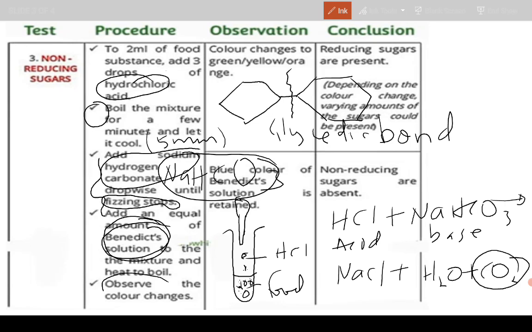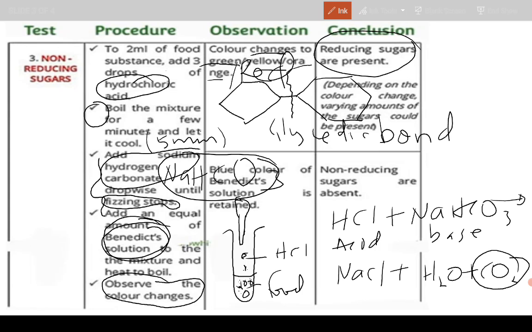So once again, you also observe the color change. So there are two possibilities, or three, but for now we are going to limit ourselves to two possible observations. If the color changes to green, yellow, orange, or brick red color, it indicates that reducing sugar is present.